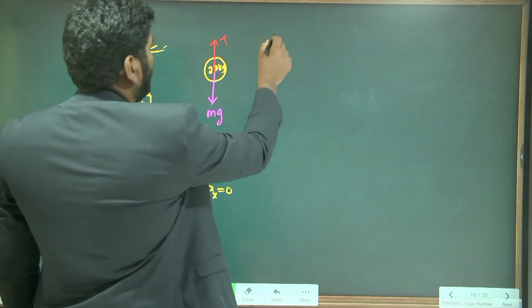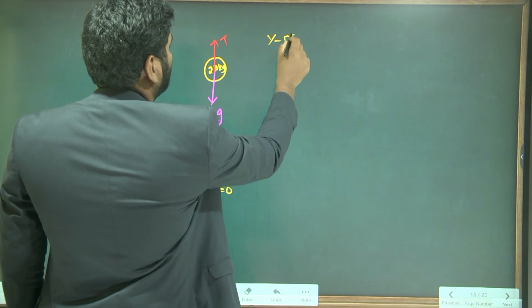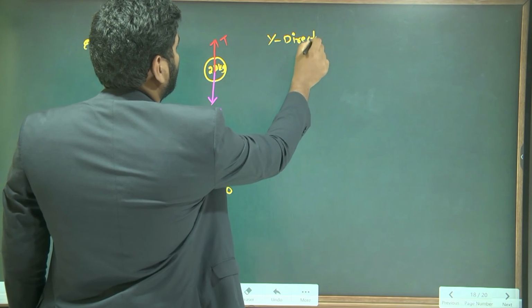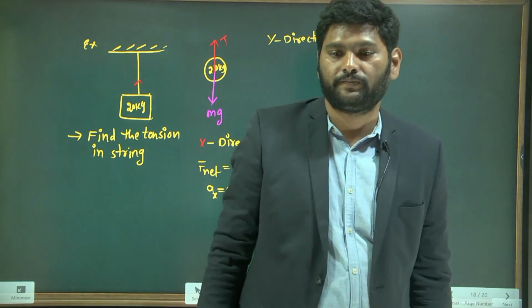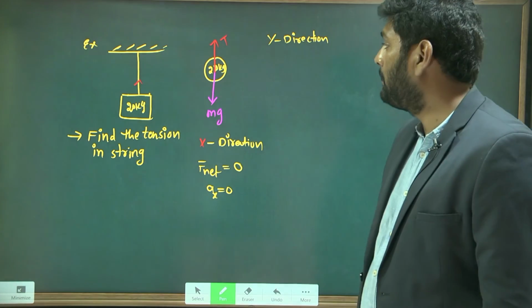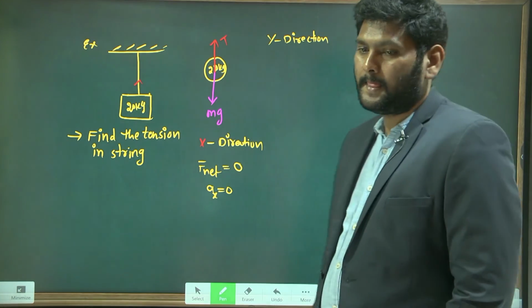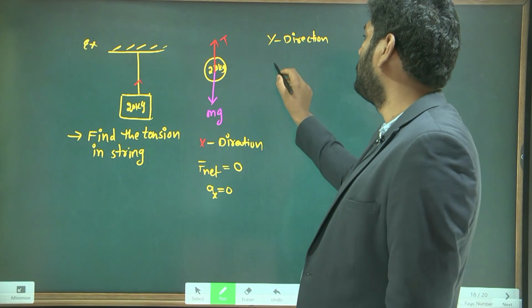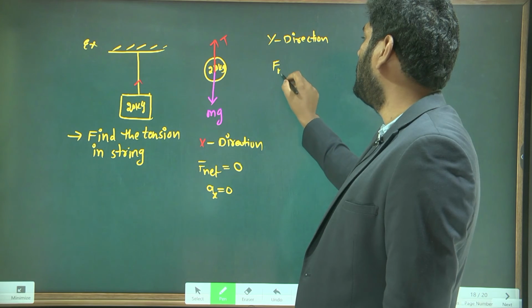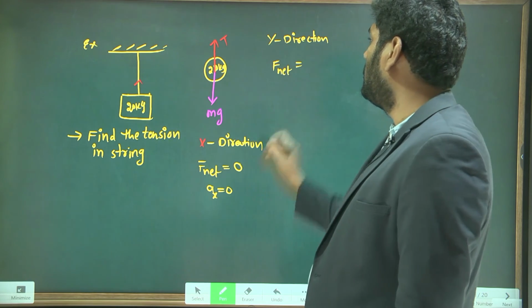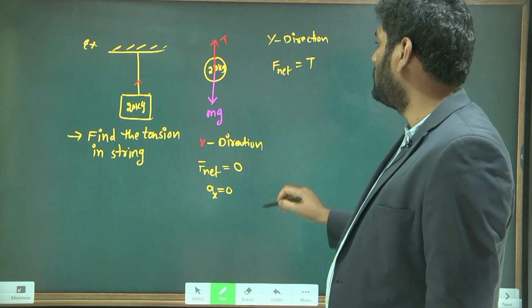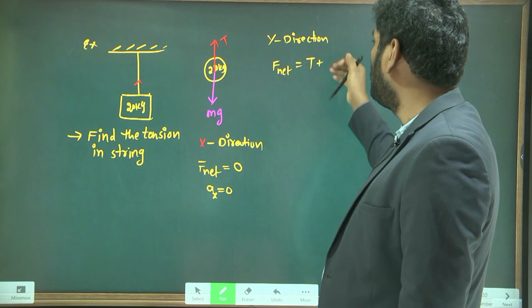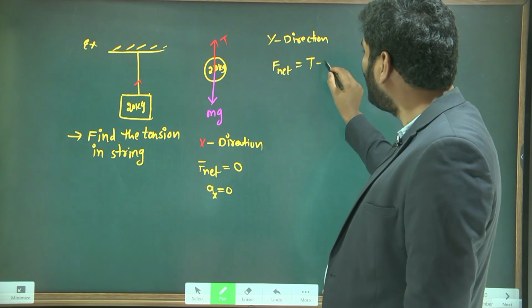Now coming to the y direction. In the y direction, what forces are acting? Two. What are they? Tension force and gravitational force. Very good. The net force along the y direction is tension force T minus, yes, minus is correct.